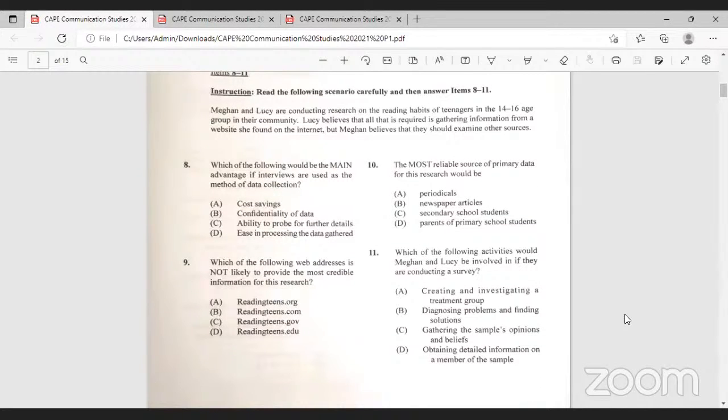11, which of the following activities would Megan and Lucy be involved in if they are conducting a survey? Is it creating and investigating a treatment group, diagnosing problems and finding solutions, gathering the sample's opinions and beliefs, or obtaining detailed information on a member of the sample? 11. There's only one possible answer.